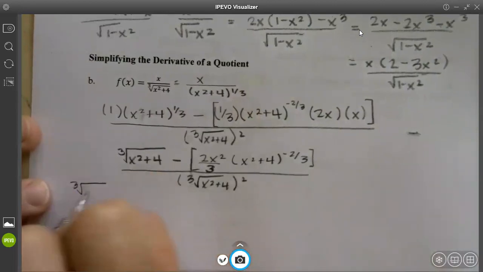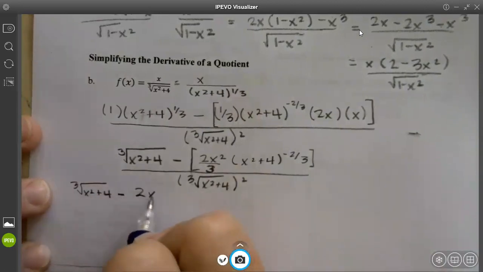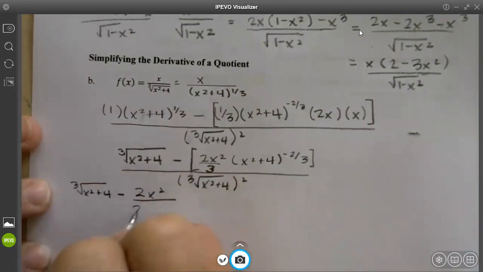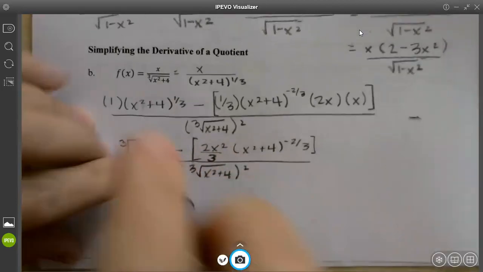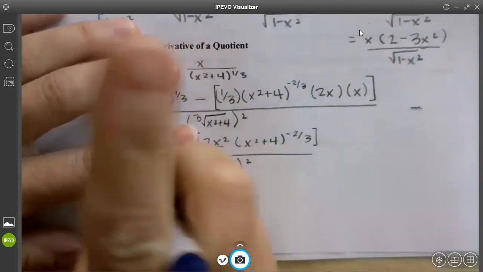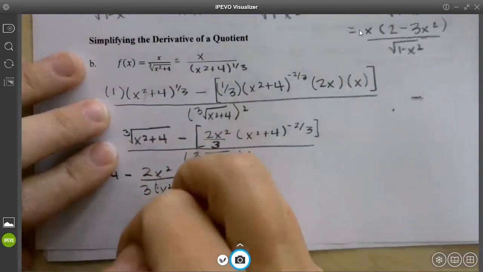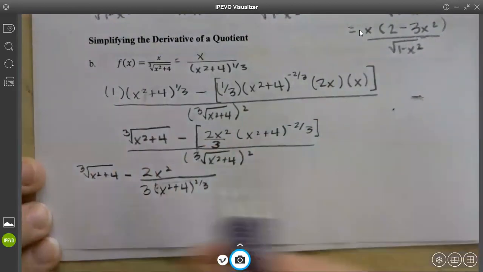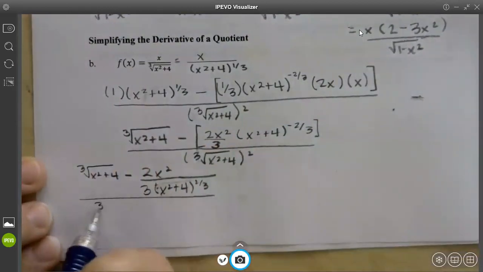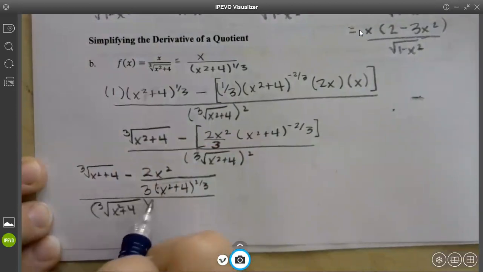Cube root x squared plus 4 minus 2x squared over 3 times the cube root. I'm gonna leave it as fractions. I think you'll see it better that way. X squared plus 4 to the 2/3, all over the cube root x squared plus 4 squared.